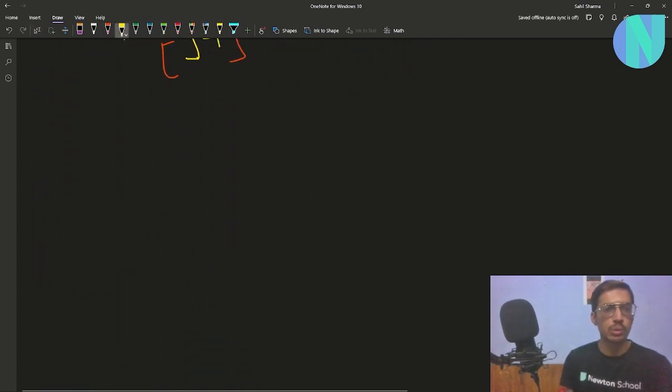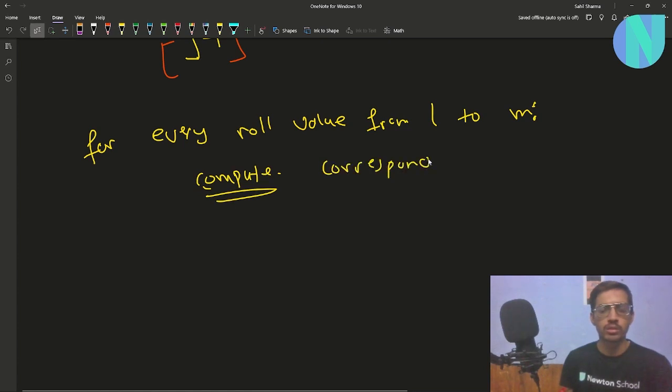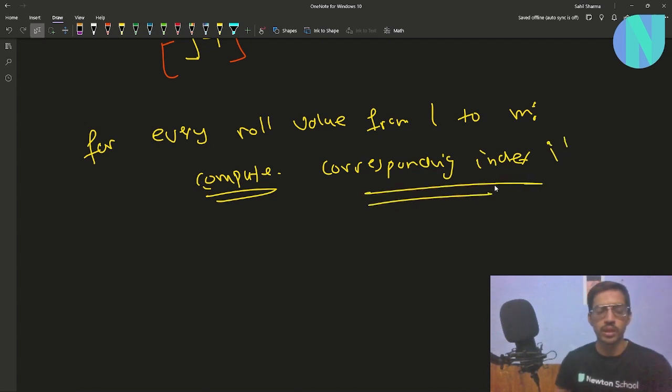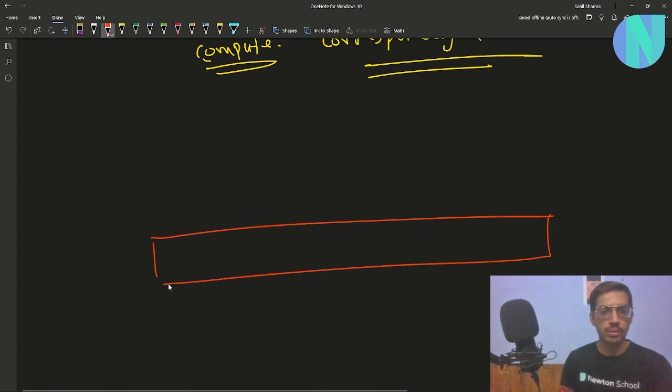So if I have to write this as a loop, I will say for every roll value from 1 to m, compute the corresponding index i dash, right? For example, if my strip is something like this, let's say I want to compute my value i dash for dice value 5.